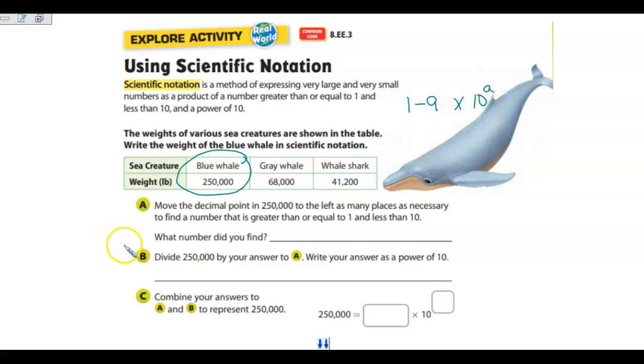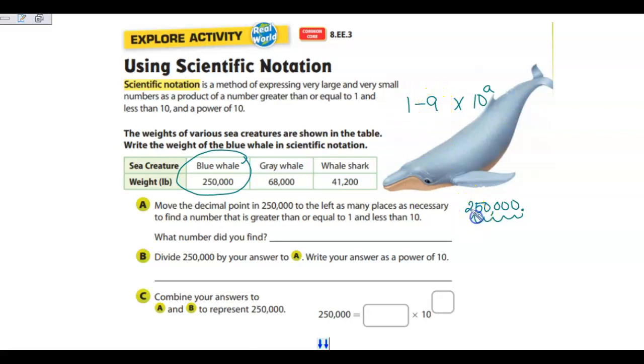Okay? So when I'm looking at 250,000, the decimal starts here. And we're going to move that decimal left as many places as we need to until we get to a number between 1 and 9.